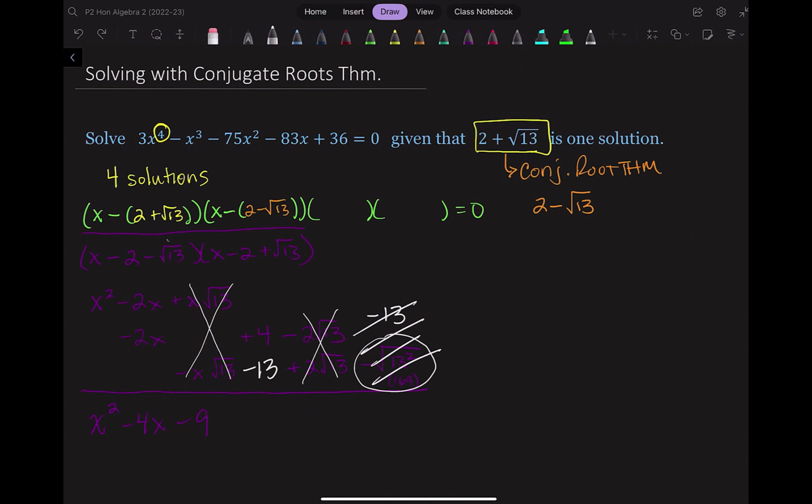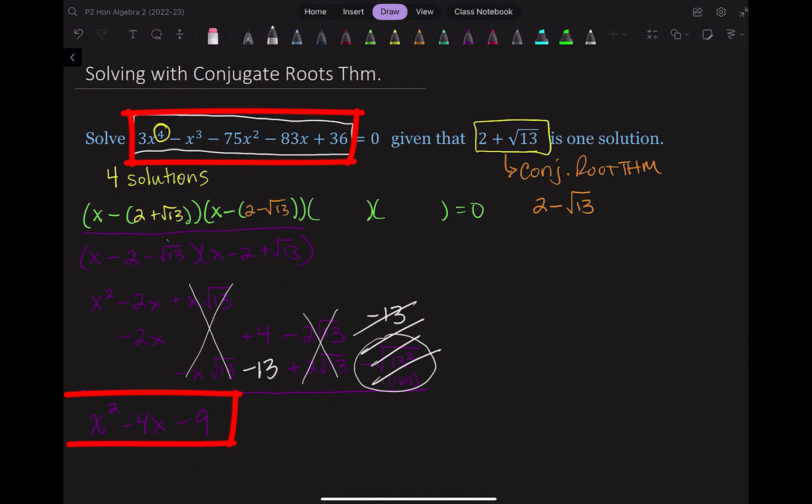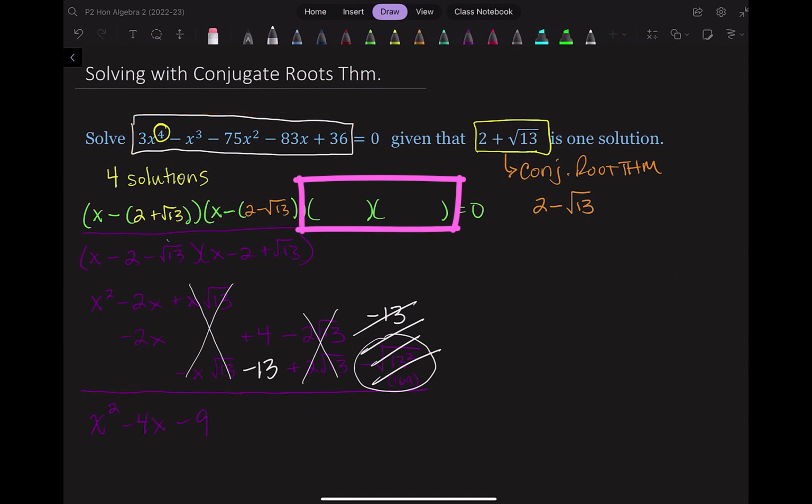So if our task is to factor the original problem so that we get our 4 answers, we can divide the original problem by this trinomial we just got in purple, and it should give us a quadratic that represents the last two unknowns.